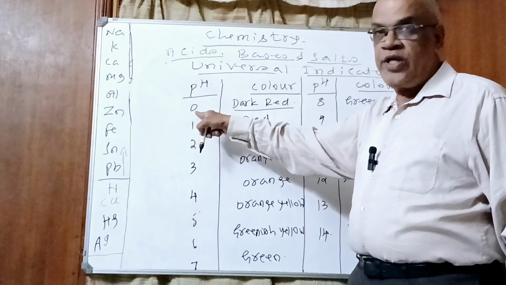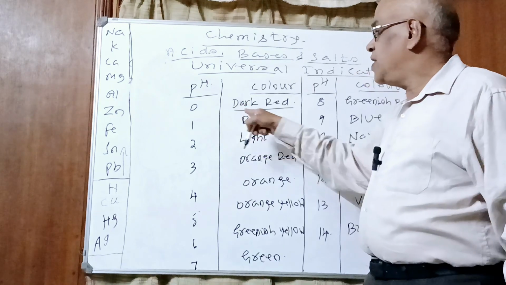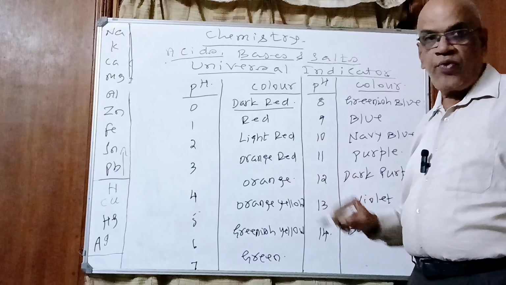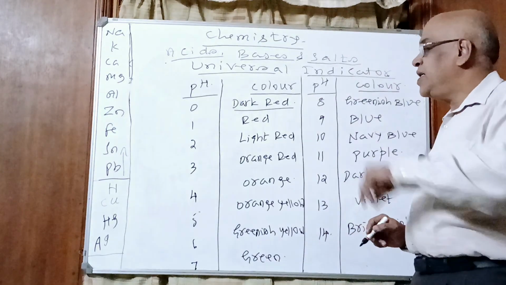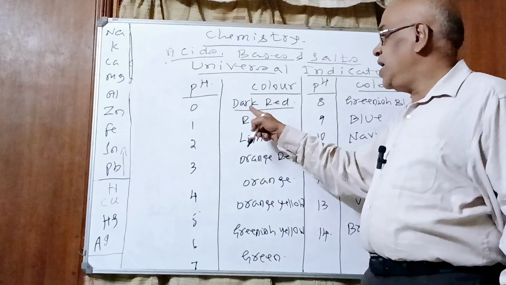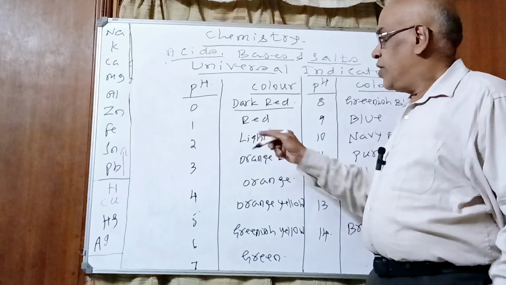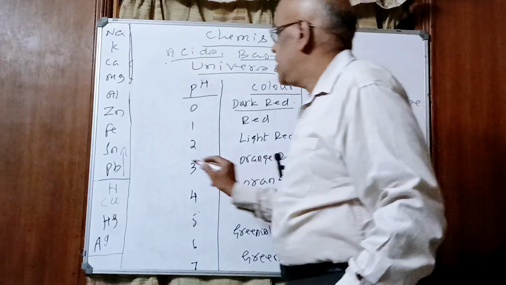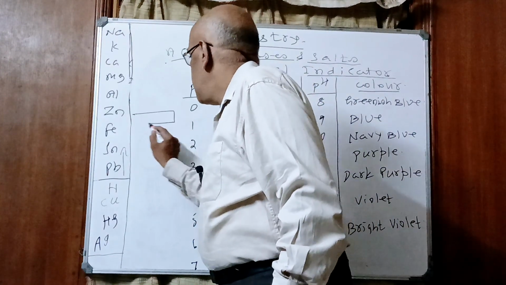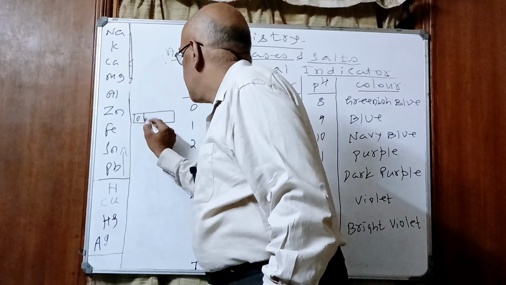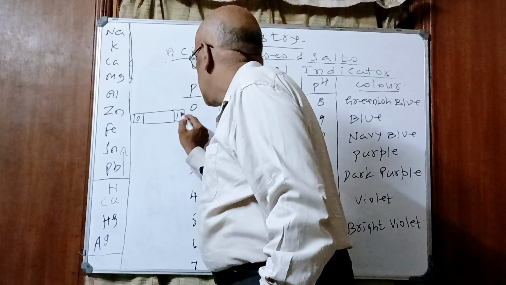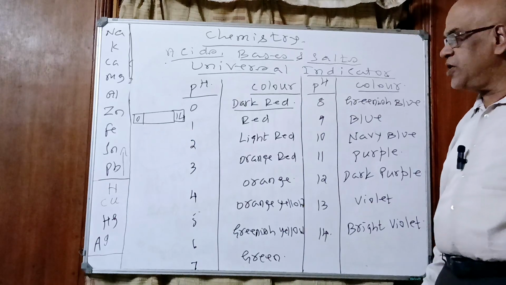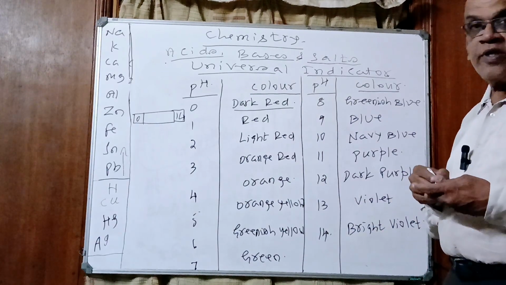At pH value 0, which color is mentioned on the chart? Dark red. Then we say that pH is 0. Understood? When you add universal indicator to a chemical and, instead of dark red, it shows red, take that red solution and bring it to the pH chart. It will have different colors at different pH values from 0 to 14. Thereby we can measure the relative strength of pH.